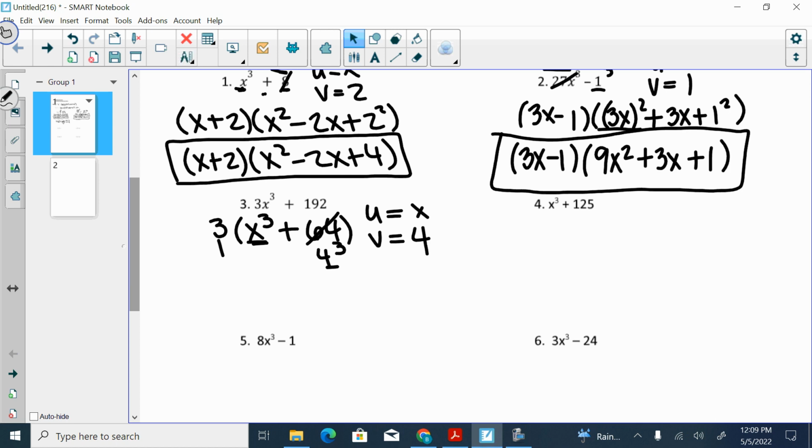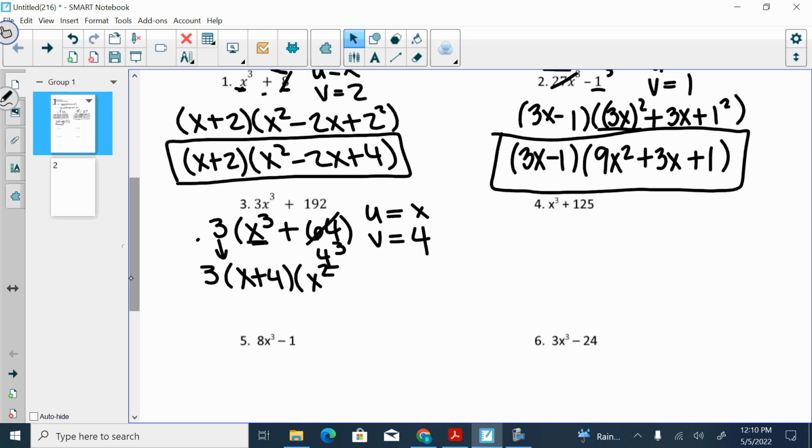Okay, we did have a GCF, so we're going to bring out our GCF of 3 and put that down in front. Okay, our first formula says we should have u plus v. What's that going to be for us? X plus 4. Very good. And then in the next parenthesis, we should have u squared. Well, what is u squared for us? X squared. All right.